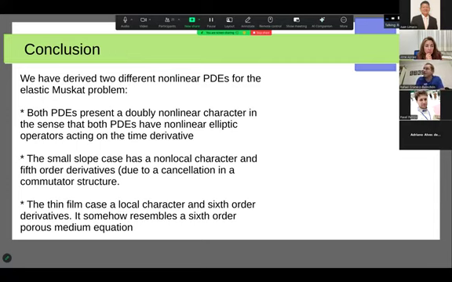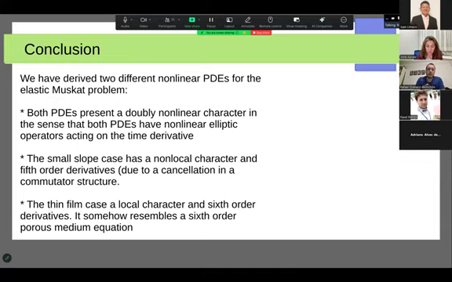The reason for the elliptic operator in the shallow water is maybe less obvious, but I think it is also required. In my opinion, it's not a technical point. I don't know, maybe you are able to prove the result in C1 without this A1, but I cannot. And one, the small slope, is non-local, and the shallow water is completely local.